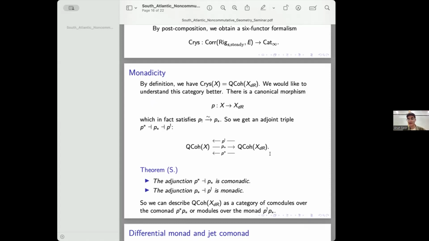So that allows us to describe QCoh of X to Rom as a category of modules over the comonad p upper star p lower star, or the monad p upper shriek p lower star. Okay. So we've now changed the question of trying to understand QCoh X to Rom into a question of understanding this monad and this comonad.